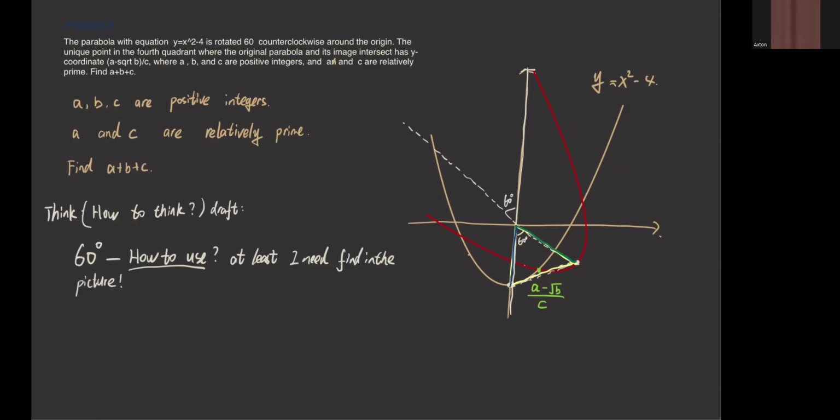That means I need to change the blue to green. So how to do that? I could easily find they are symmetrical about this line, right?